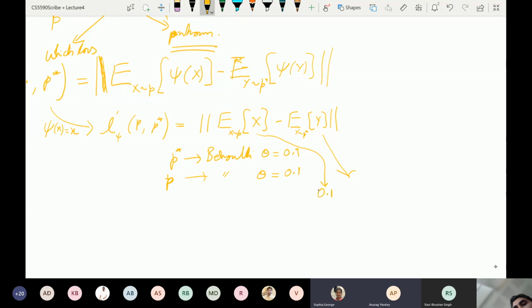Yes, so it's 0.1, right? And what is expectation of y if it is p star? Y is distributed as p star? 0.9, right? So what is this difference in this case? So in this case, what does the loss evaluate to? 0.8. Okay. So you are understanding how this is computed?